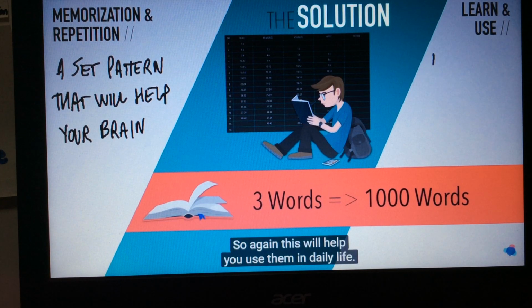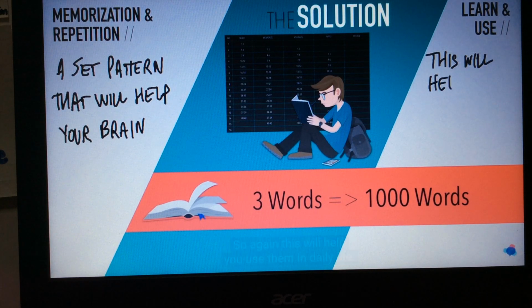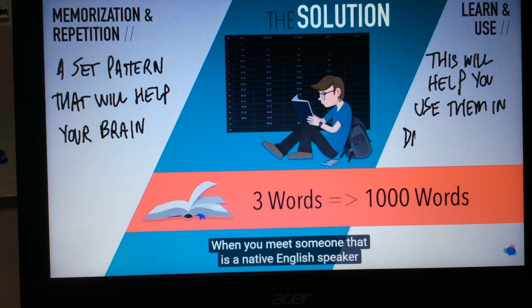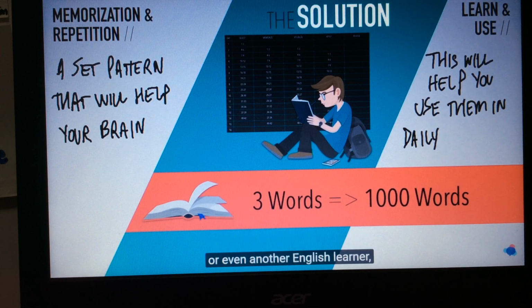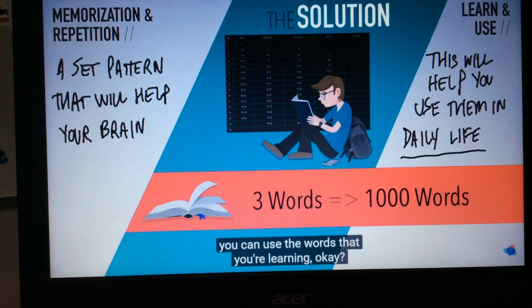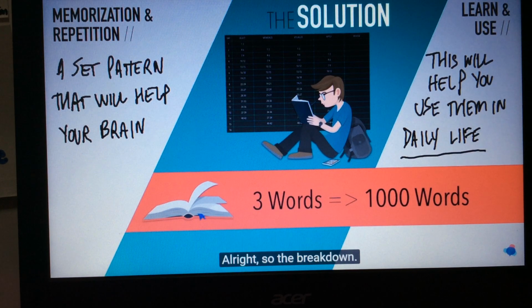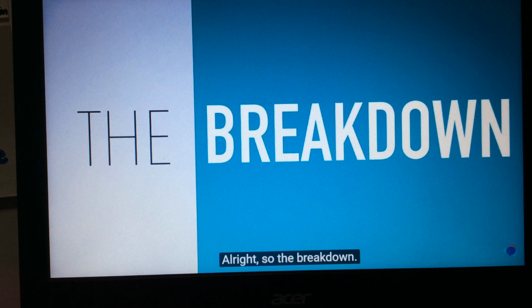So again, this will help you use them in daily life. When you meet someone that is a native English speaker or even another English learner, you can use the words that you're learning, okay? All right, so the breakdown.